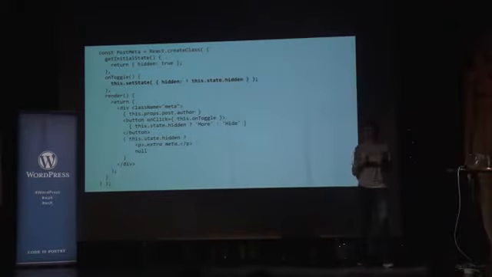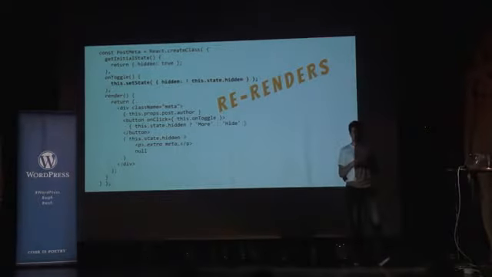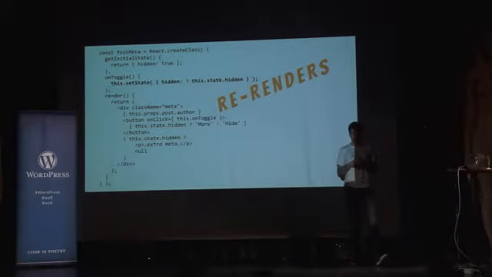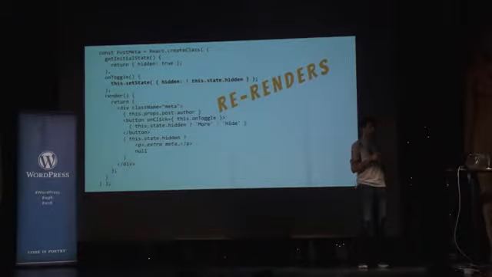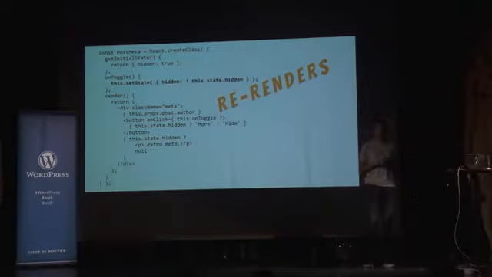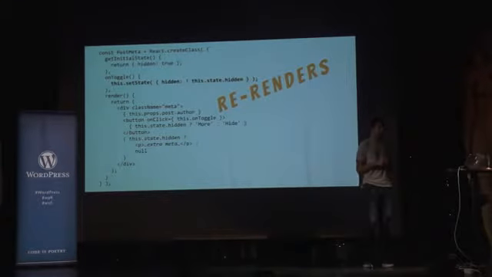The moment we change the data, React is smart enough to re-render the HTML itself. So we don't have to do absolutely anything. And this, to be honest, is the main reason we started using React, because it makes all of those interactions so much simpler for the developer.